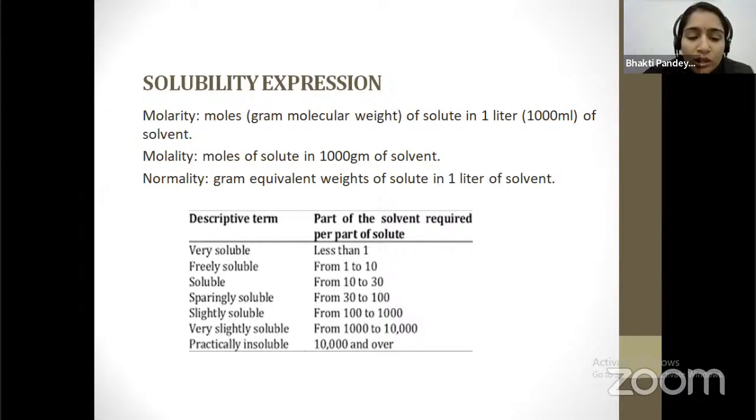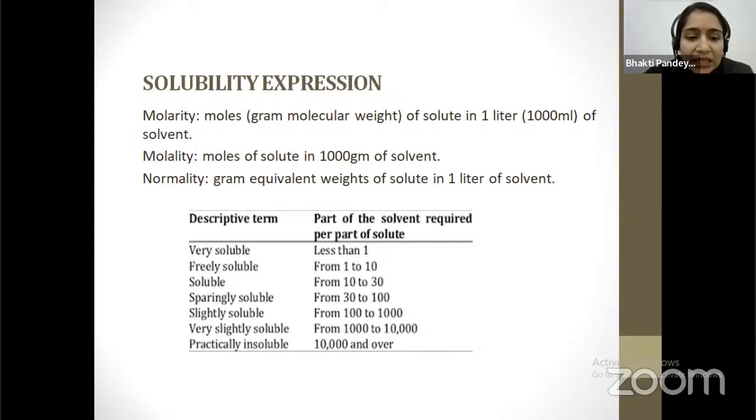So 1 to 10 parts of solvent are required to dissolve 1 part of drug. Then comes soluble, from 10 to 30 parts of the solvent. Then sparingly soluble, from 30 to 100. Then slightly soluble is from 100 to 1000, and then very slightly soluble from 1000 to 10,000.